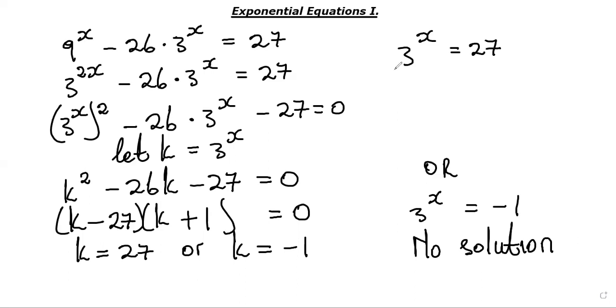But now in order for us to solve for x here, we have to make sure that 27 is written in exponential form to base 3. So now the bases are the same, then the exponents are bound to be the same as well.